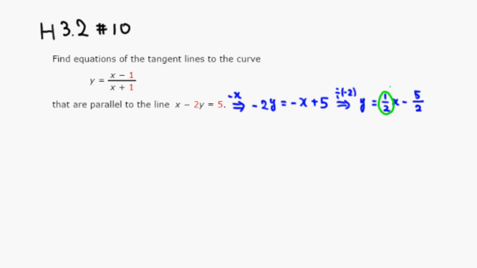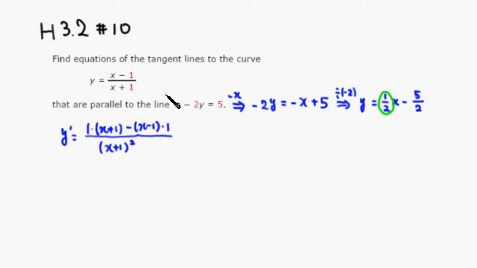Then we can talk about the slope of the tangent line by finding its derivative too. We're going to take the derivative using the quotient rule. Square the bottom, x plus 1 squared. The derivative of the top is 1 times the bottom, which is x plus 1, minus the top, which is x minus 1, times the derivative of the bottom, which is 1.